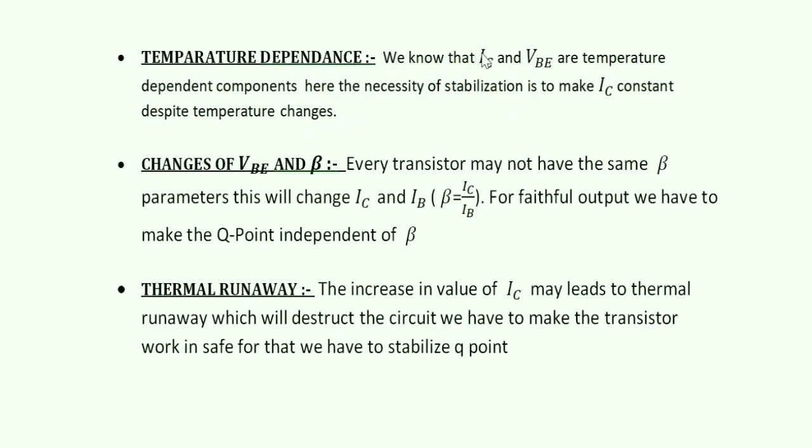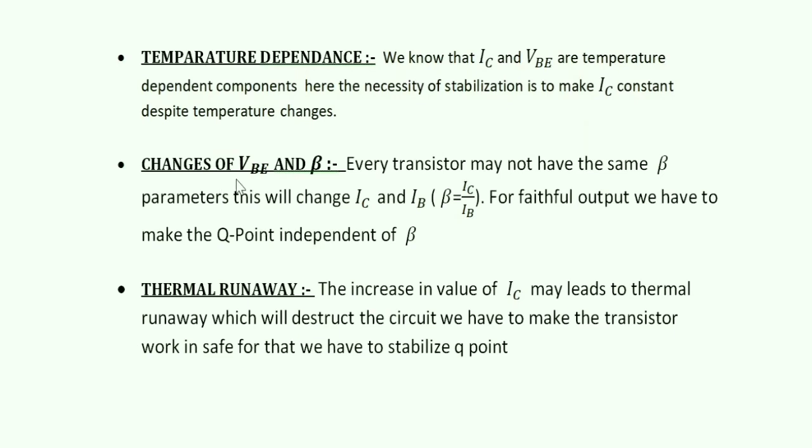And VBE decreases for every 1 degree rise in temperature, at 2.5 millivolts. This is also a temperature dependent component. That is why we require stabilization to make IC constant despite temperature changes. So this is one point for why we require stabilization.